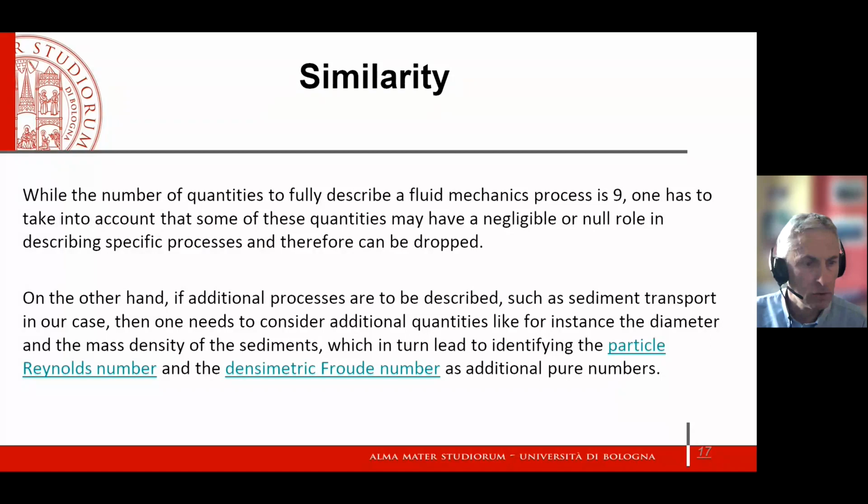You remember that the particle Reynolds number comes into play when defining the pattern of the Shields number. And also another dimensionless quantity is the densimetric Froude number. And these are additional pure numbers.